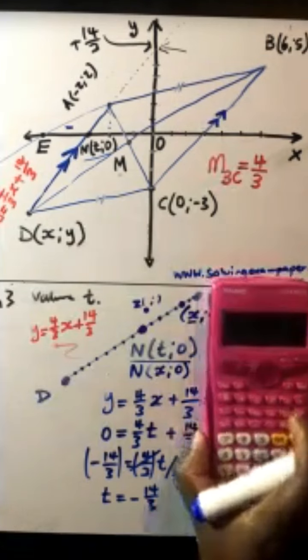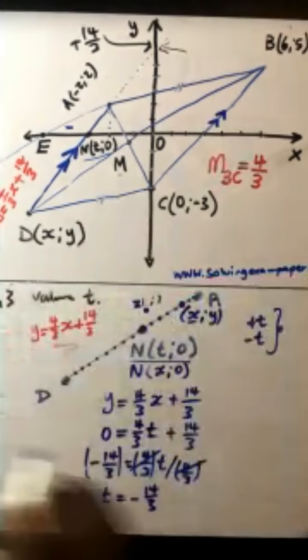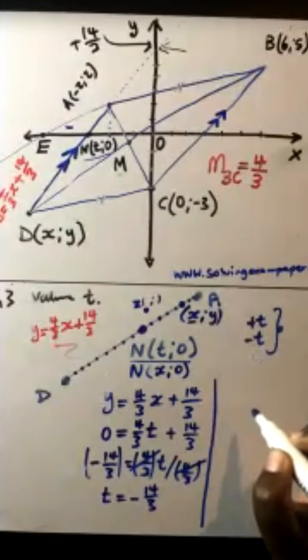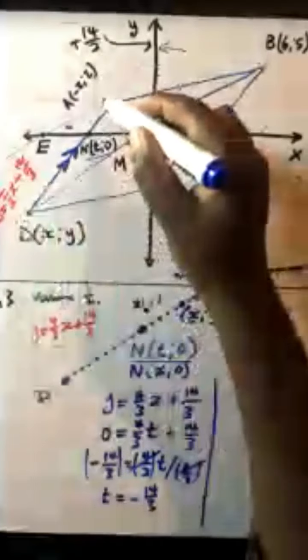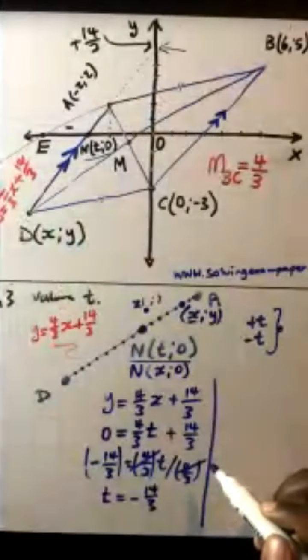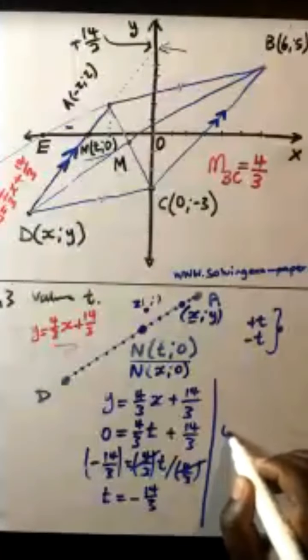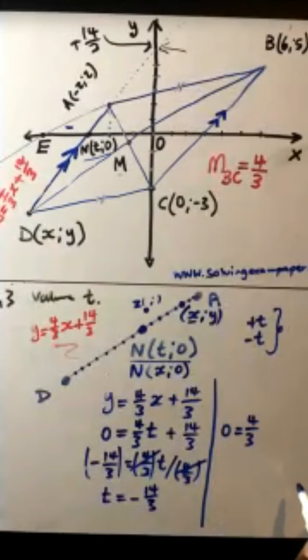Okay, let me check, guys. Let me just try to redo that calculation. Let's see. We said this is the equation of that line AD. Then we've got our y, obviously it's 0 there, which is equals to 4 over 3 times the x value represented by that. Obviously, we know the y value is 14 over 3.